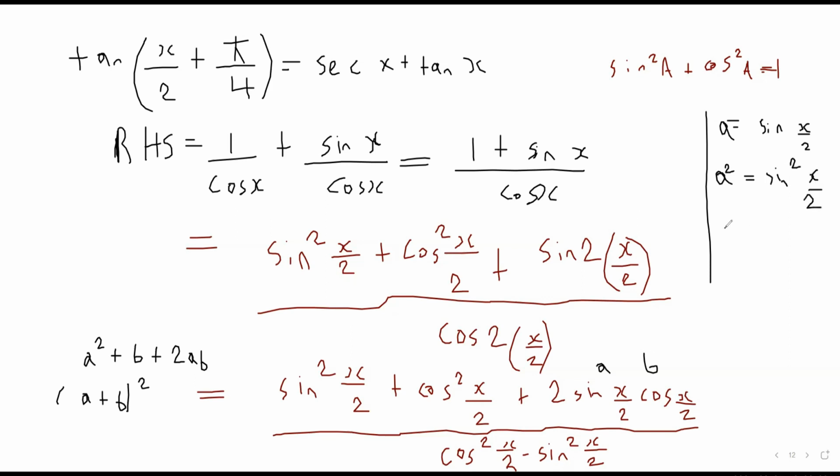Then if we call B cos x over 2, then what is B square? Cos square, right? And then you still have your A and your B here. So now I am saying that A squared plus B squared plus 2AB equals A plus B all squared, right?